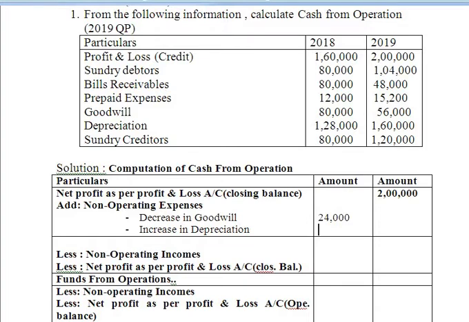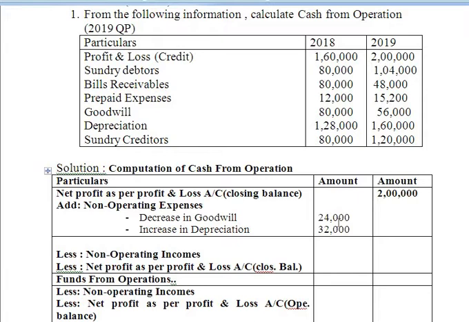Next one is depreciation. Amount of depreciation in the year 2018 was 1,28,000. In the year 2019 it is 1,60,000, which means there is an increase in the amount of depreciation, and depreciation is a non-operating expense. So the amount of depreciation for the year 2019 is 32,000. How has this 32,000 come? 1,60,000 minus 1,28,000.